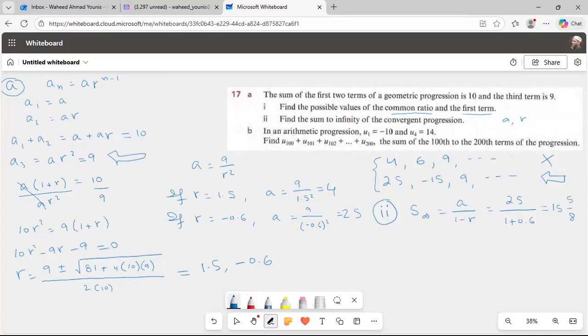Okay, interesting. Now we will do part B, but I need some room. So let me clean up some.